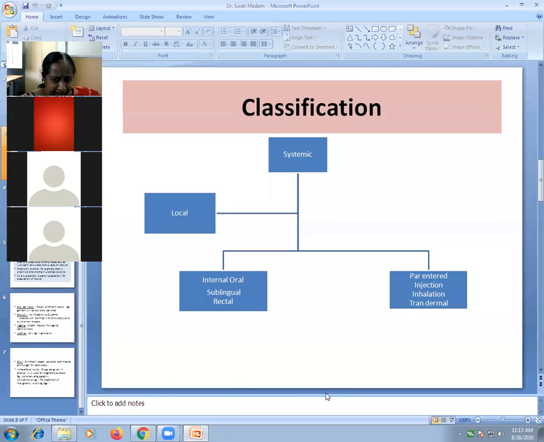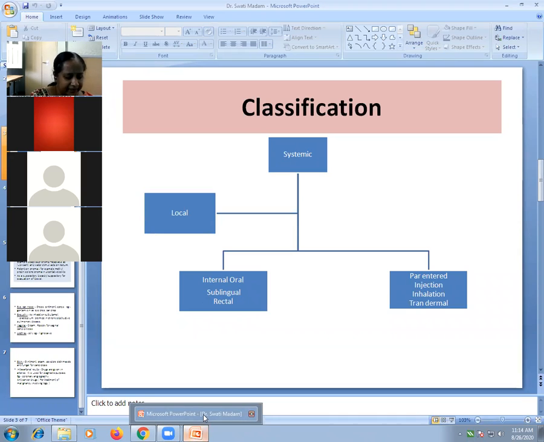What have we seen? Parenteral route, injections. Injections given in the skin are the intradermal route. Subcutaneous is the subcutaneous route. Intramuscular is in the muscle. And intravenous is in the veins.